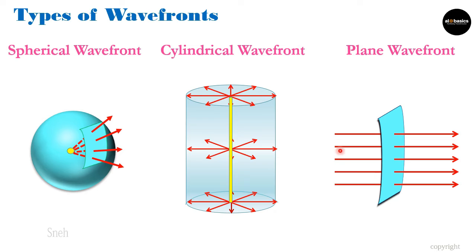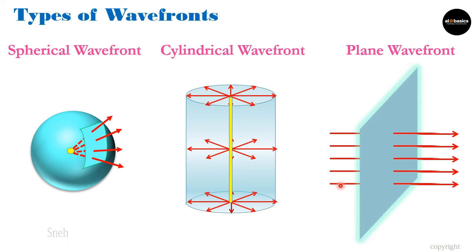If I increase its radius further, it has become completely flat, or completely plane, and we can observe here that the wave normals are parallel to each other. Now nowhere is the source observed, and it is said that the source is at infinite distance or a very large distance. This wavefront is said to be a plane wavefront.